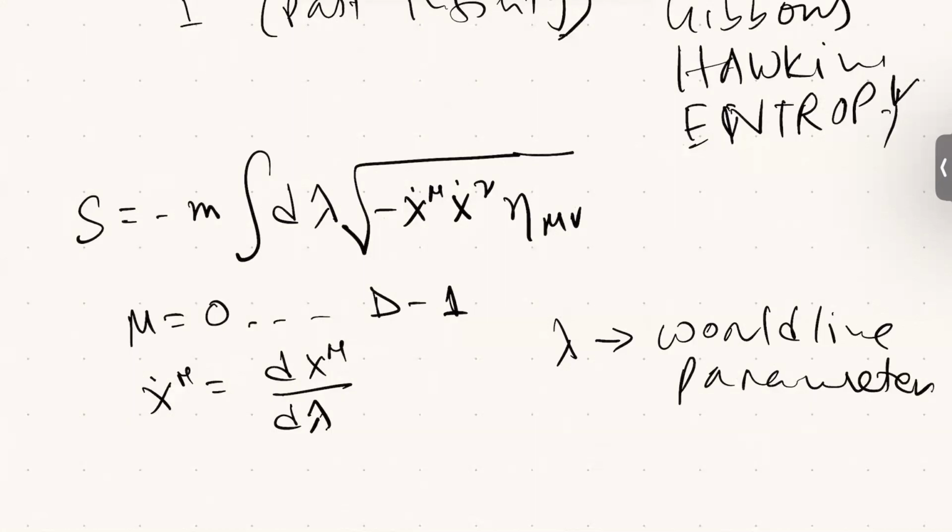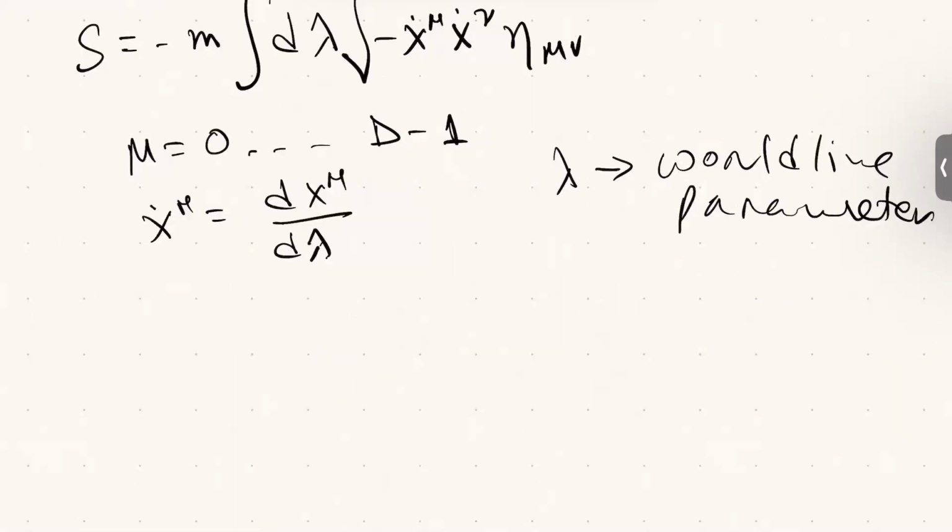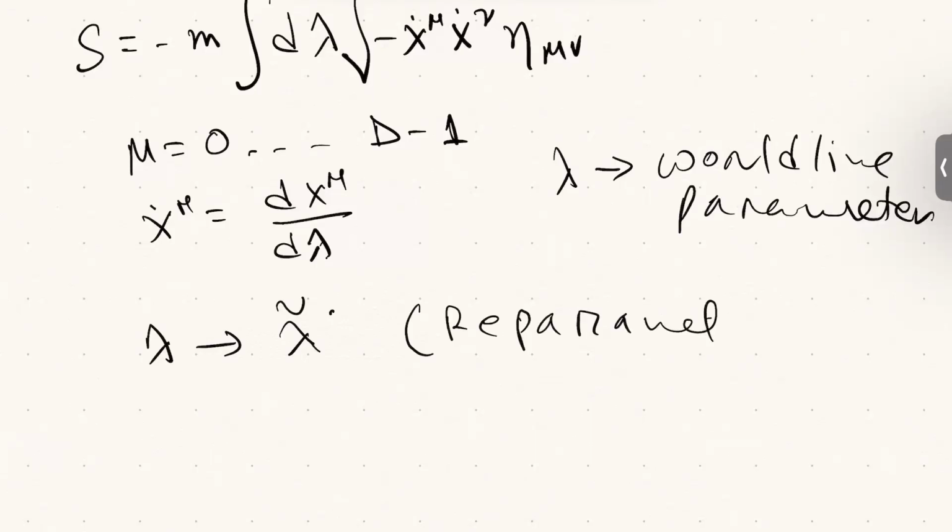So lambda is a one-line parameter, and basically if you take any lambda to lambda tilde, we have a reparametrization, diffeomorphism, right? If you take lambda to lambda tilde, then we can see the action is invariant, right?